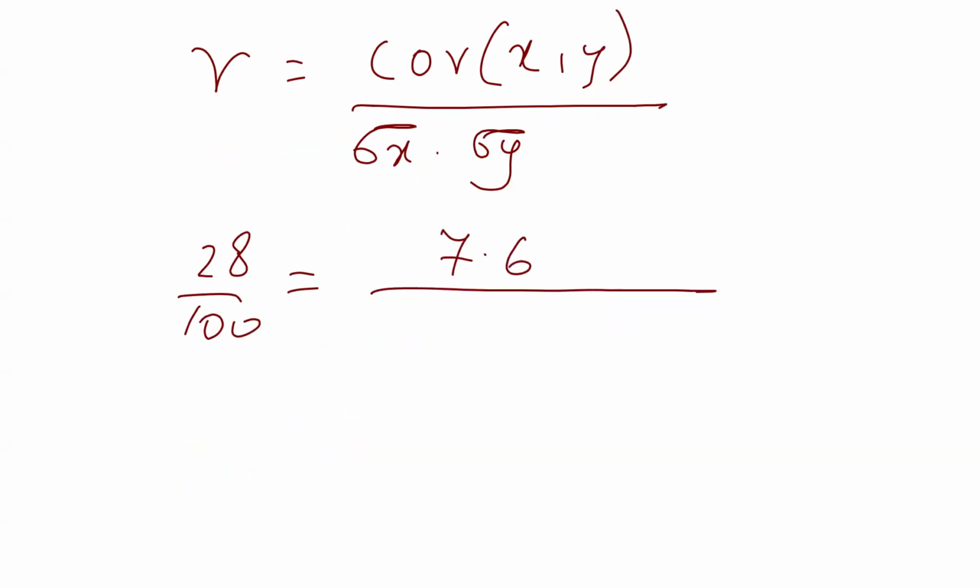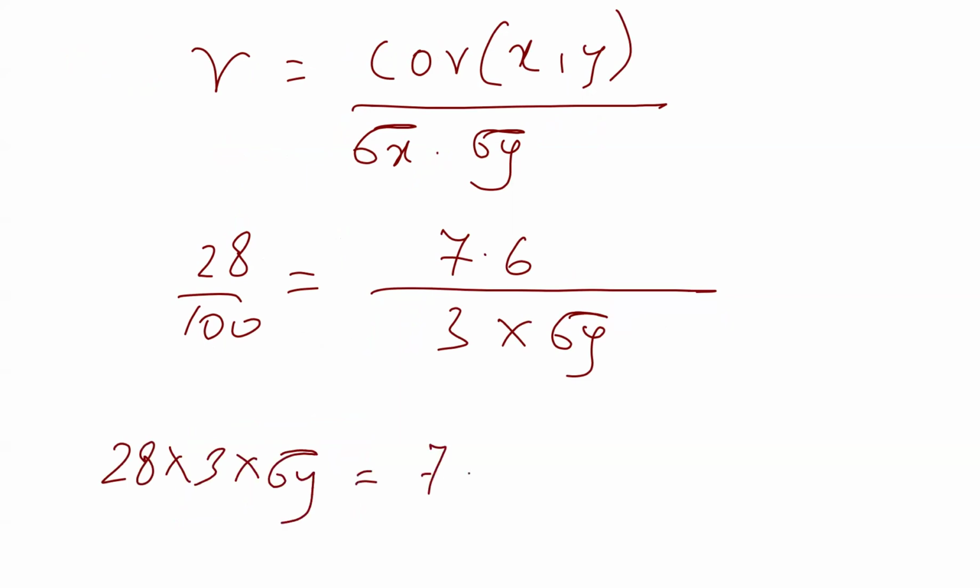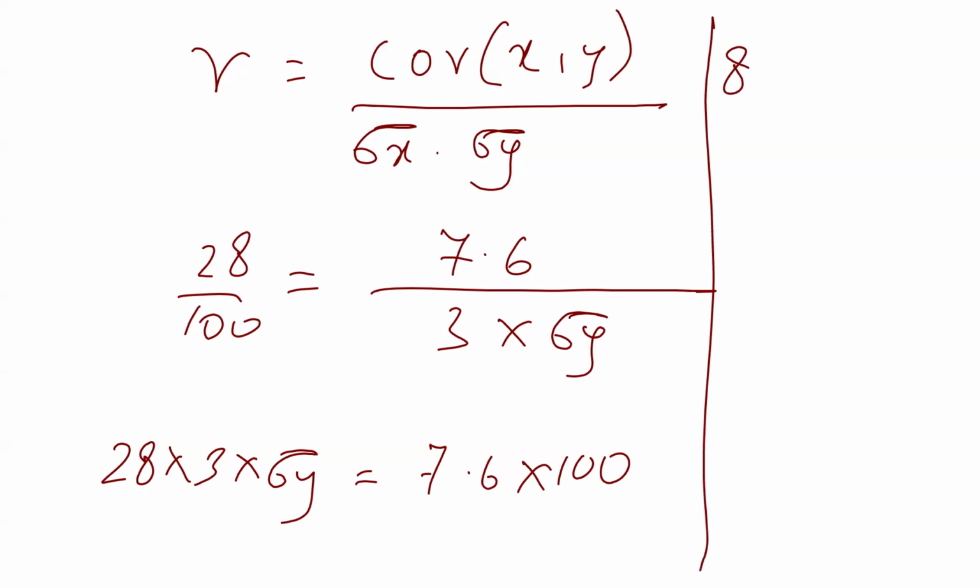Then standard deviation of x is 3, and then we have standard deviation of y. So this will be 28 into 3 into standard deviation of y is equal to 7.6 into 100. Okay, so 28 into 3, if you multiply, you'll get 84. 84 into standard deviation of y is equal to 760, right?